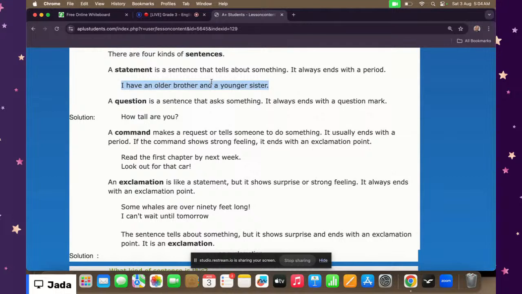If you look at this sentence, it's telling us that I have an older brother and a younger sister. There's a period also. Like I've said, a statement ends with a period.